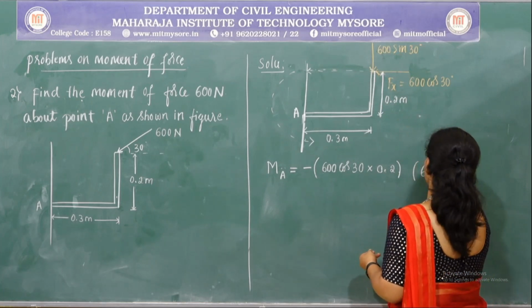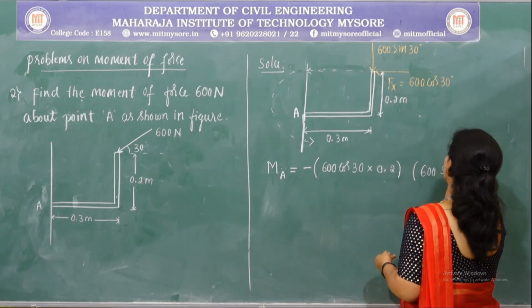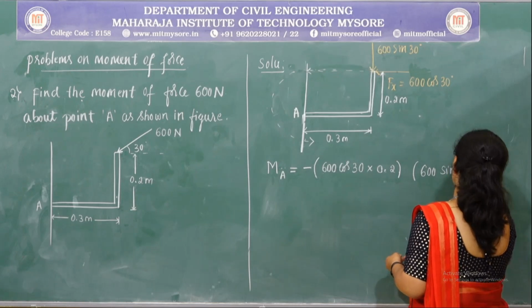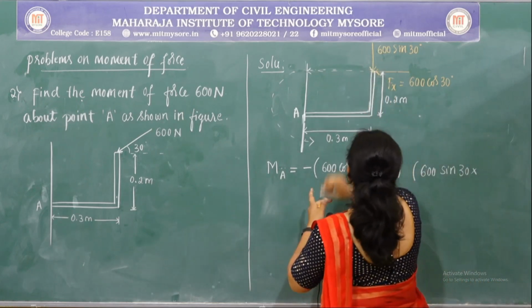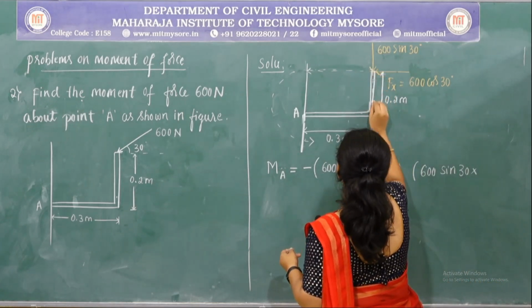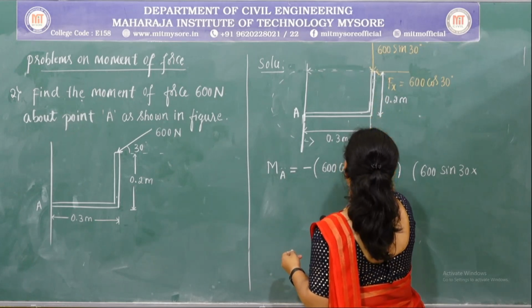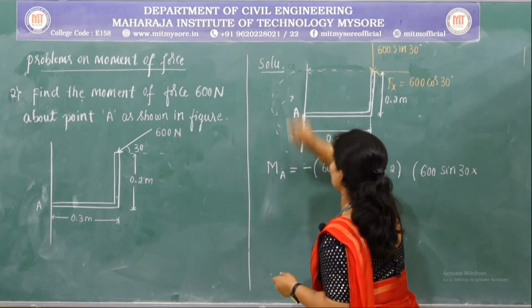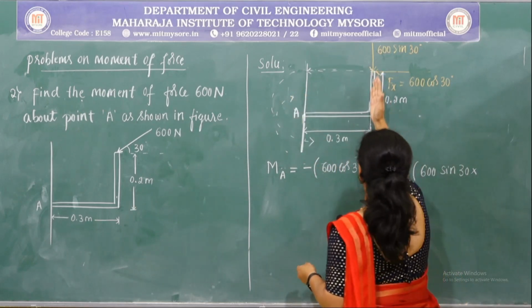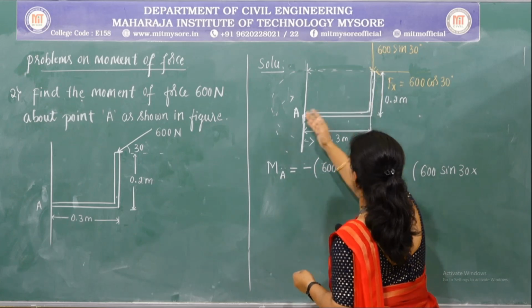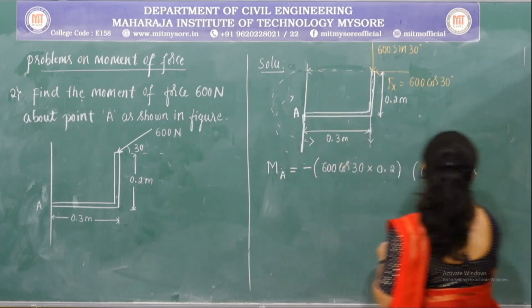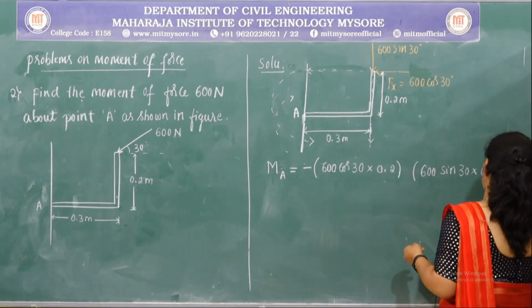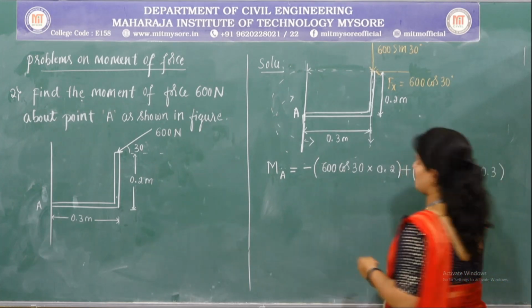The magnitude is 600 sine 30 multiplied by, so here also apply the same principle of transmissibility. The direction becomes clockwise and the distance between the force and the point is 0.3 meters and direction is clockwise.